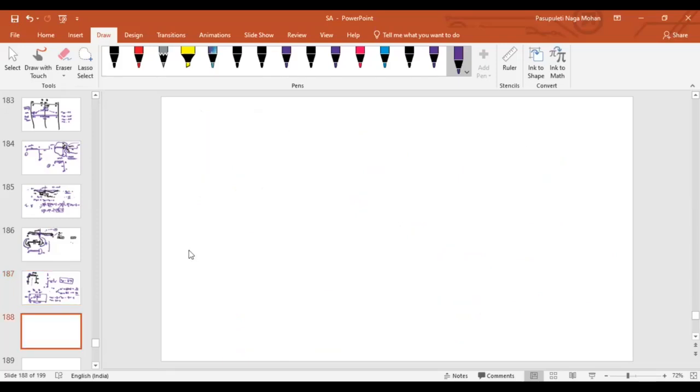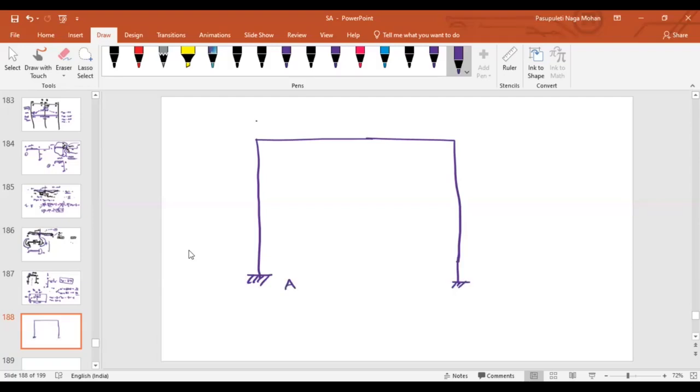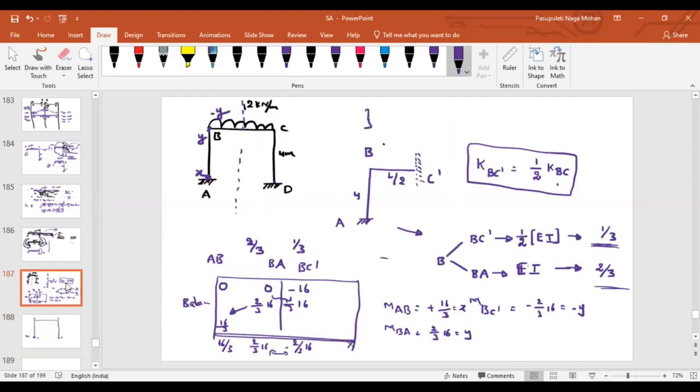Or do you want me to write in a big picture? Yes, sir. This is A, B, C. We will represent the moment at A towards B. How much have we got? We have got it as 16 by 3.